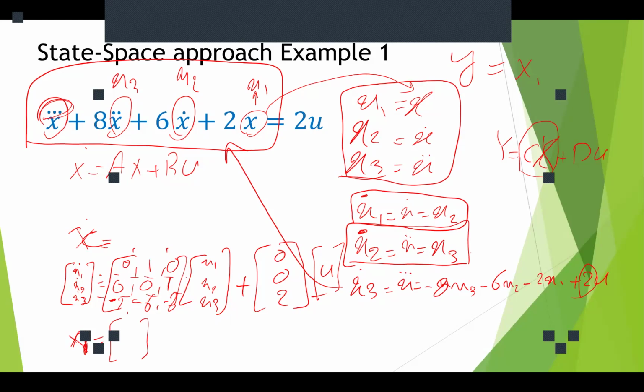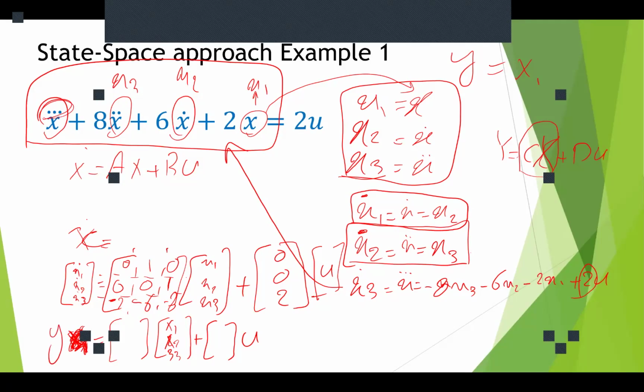We have C, x1, x2, and x3 plus D times u. Since we have our output as equal to x1, so our y, let me describe that by y.